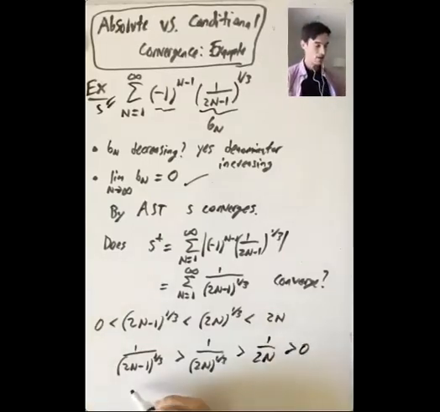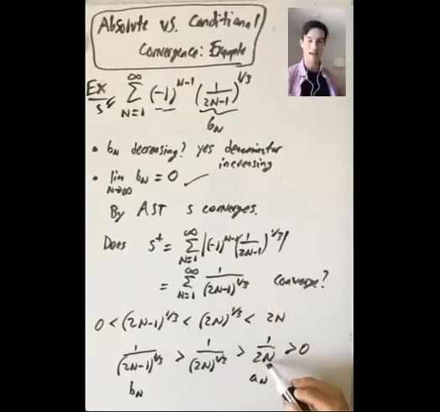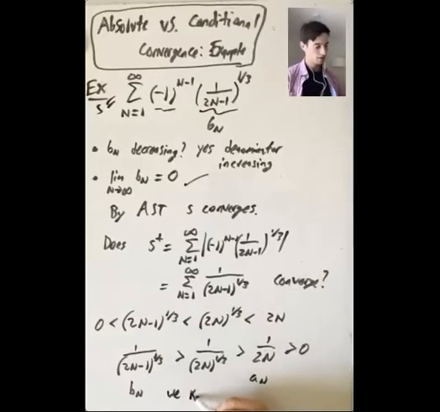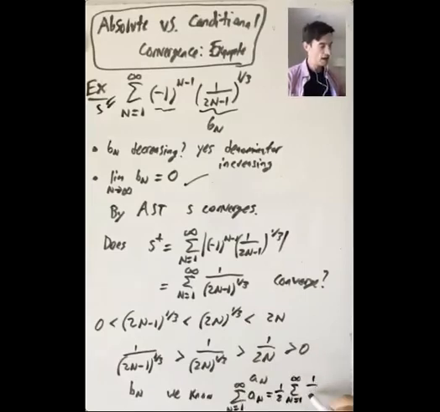So now we have this bigger sequence that we're adding up that we care about, and the smaller sequence, an. And we know that the sum from n equals 1 to infinity of an is 1/2 times the sum of 1 over n. This diverges. This is a p series with p equals 1.